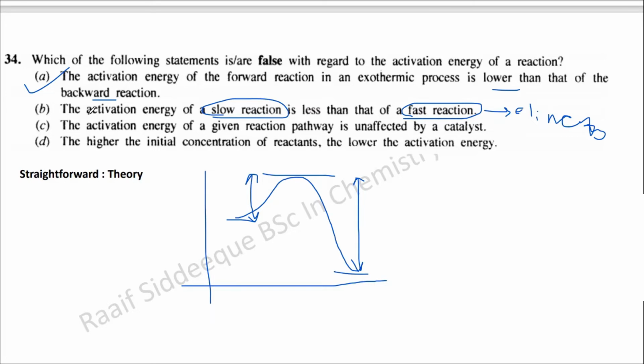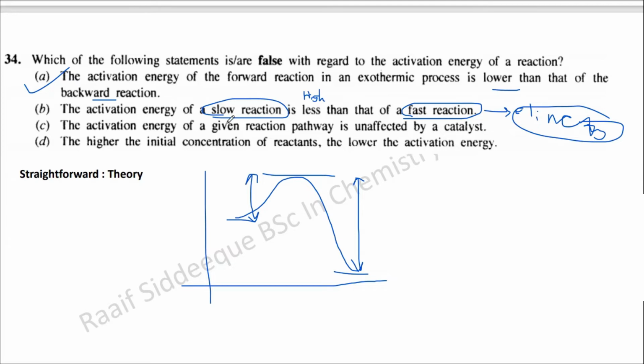But if it is given that the activation energy of a slow reaction is high, than that of a fast reaction, then in general it is okay. But in fact, it should be considered only for elementary reactions, because when you have a multi-step reaction, you still need to consider the slowest step to identify the rate.